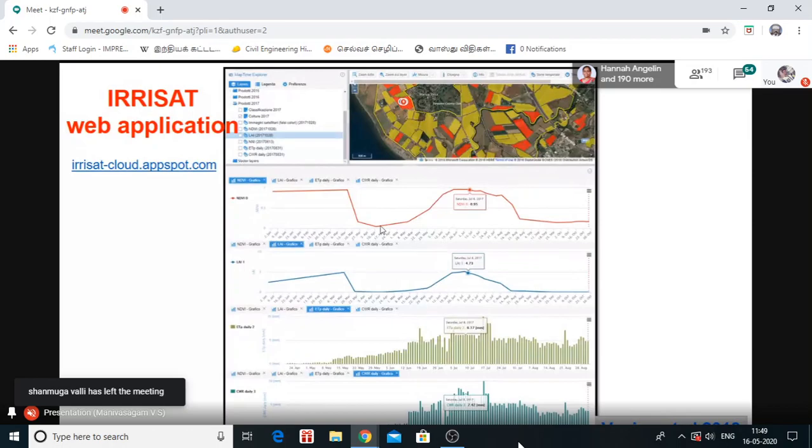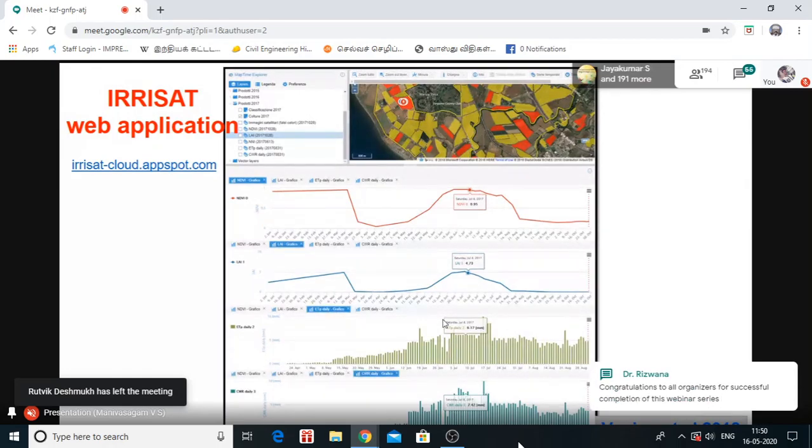Once we have the spectral indices, using the field verified regression model which we developed, we convert the spectral values into KC values. Now we have the KC values, and we can get the reference ET from the weather station. We can easily estimate the crop water requirement by the standard ETC method.